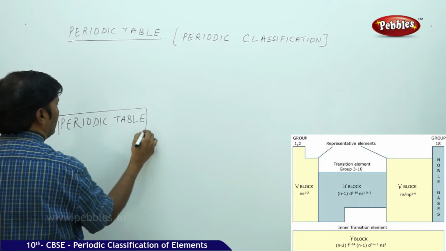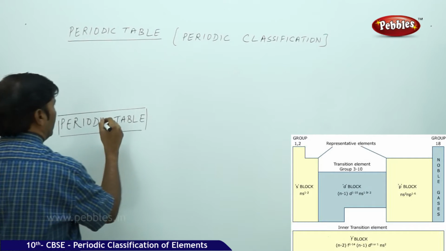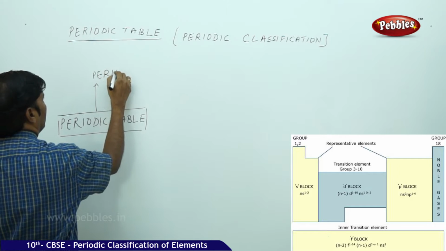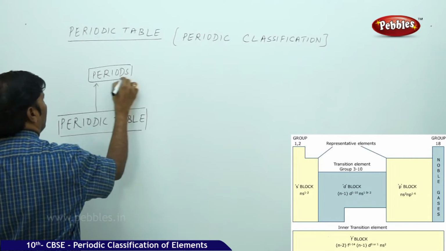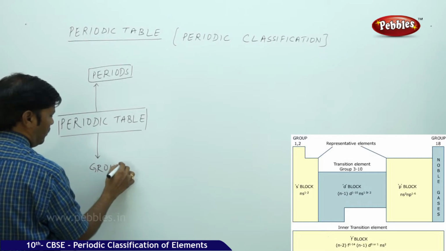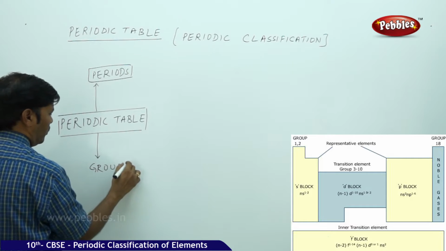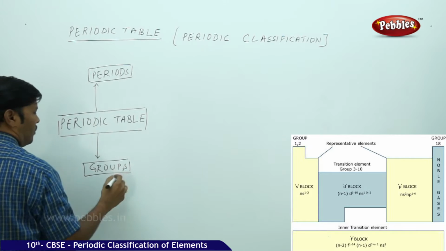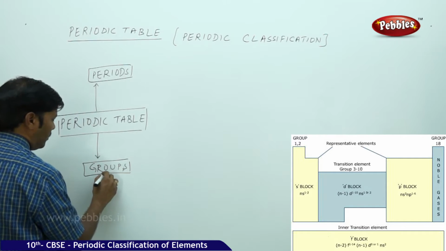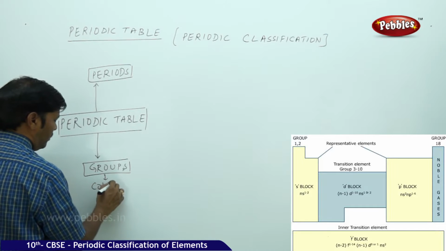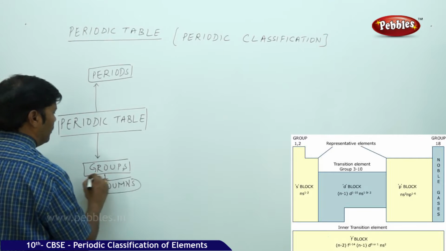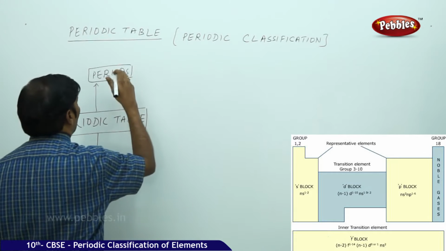This periodic table is broadly classified into periods, and it is also classified into groups. Groups are called columns, and periods are rows.